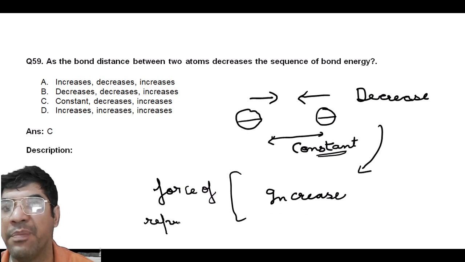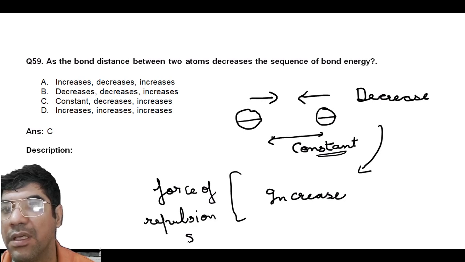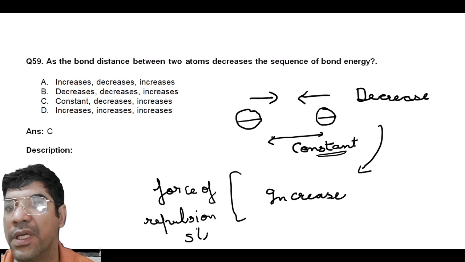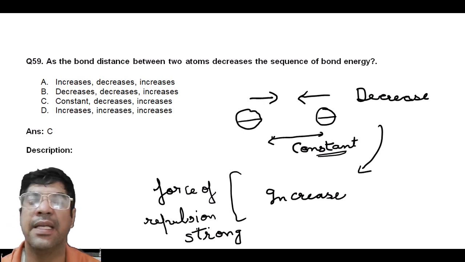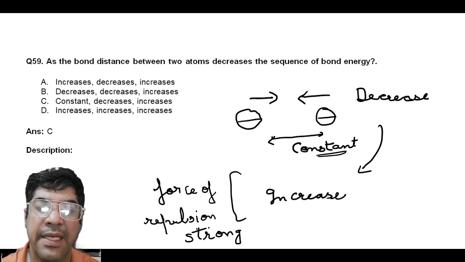As the force of repulsion becomes stronger, the bond energy would increase. So the sequence would be first constant, then it decreases, and then it increases.